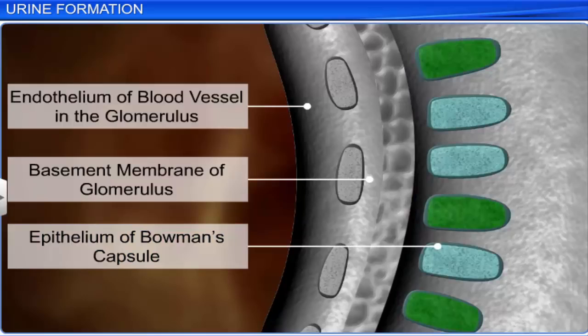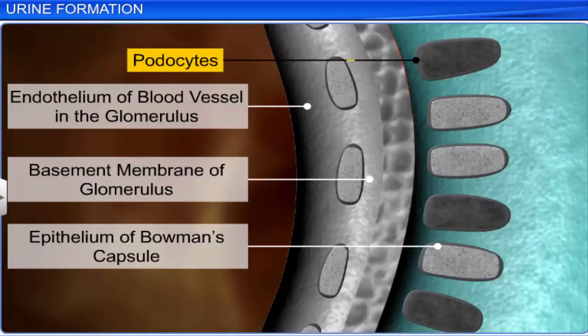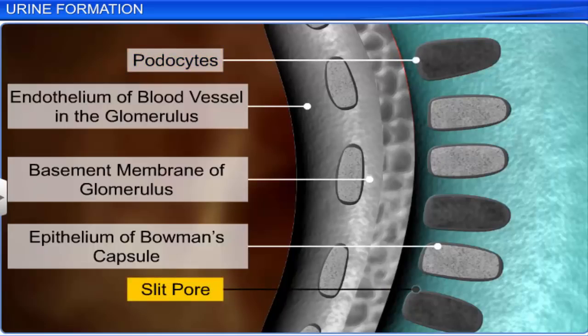The epithelial cells in Bowman's capsule, also known as podocytes, are intricately arranged, leaving a few minute openings called slit pores or filtration slits.